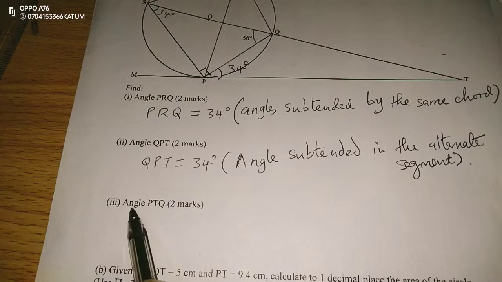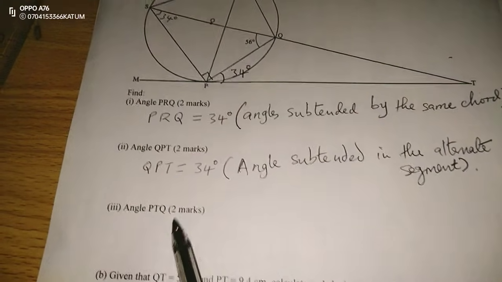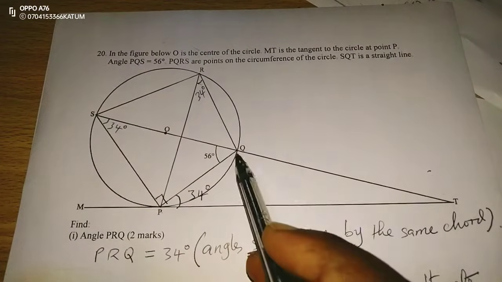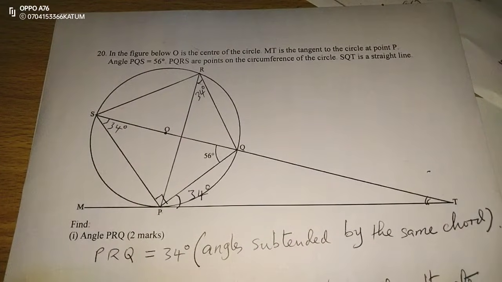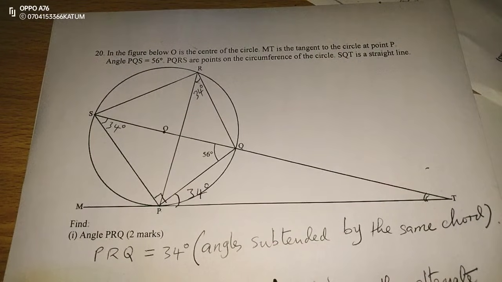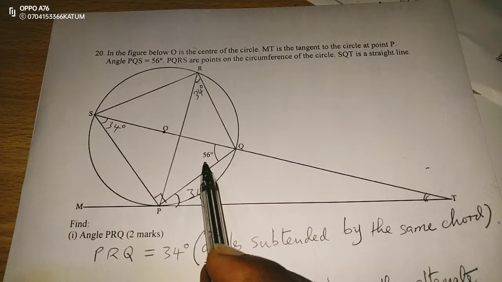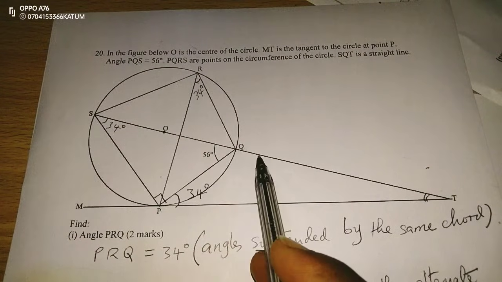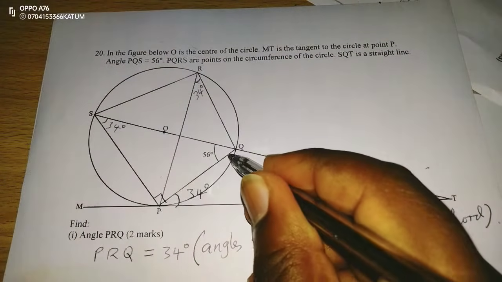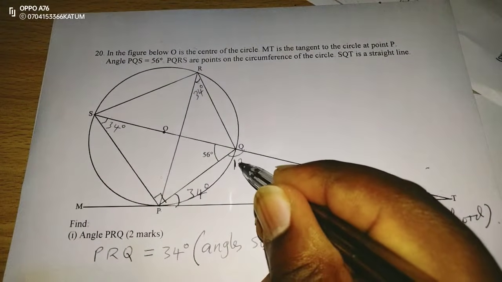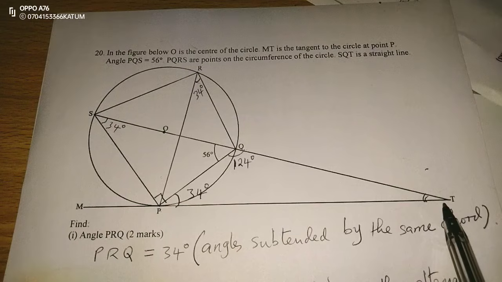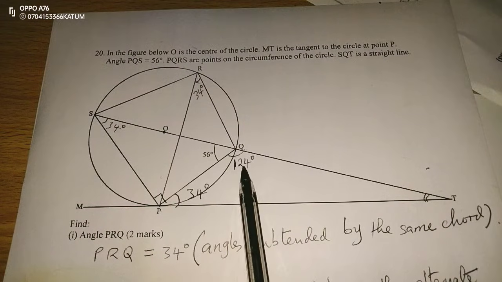We also have another angle, PTQ. Just this angle. And we're going to use angles in a triangle. Because we got 56 and this is a straight line, then the angles on a straight line should be 180. So we're going to have 124 degrees at this point. Then now we have PQT as a triangle, and we have the two angles given.